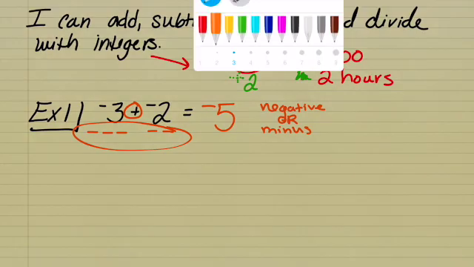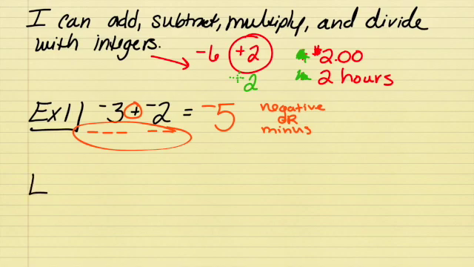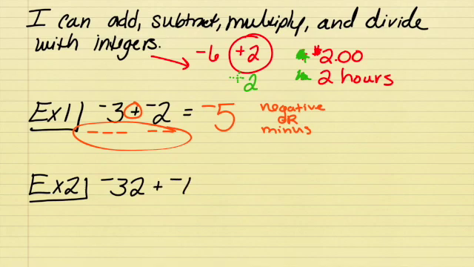Now, if you have a problem where you can't draw out all of the positive and negative symbols because they're bigger numbers, like -32 plus -12, it wouldn't make sense to draw out all those minus symbols.